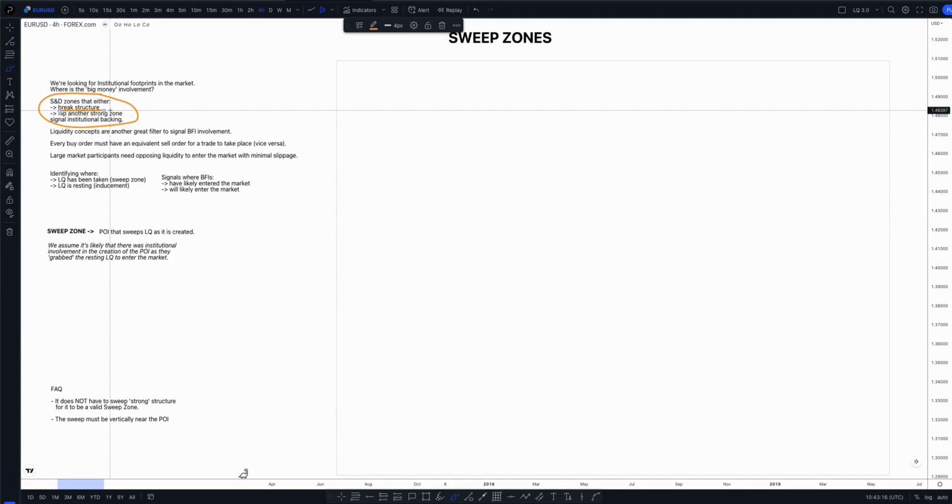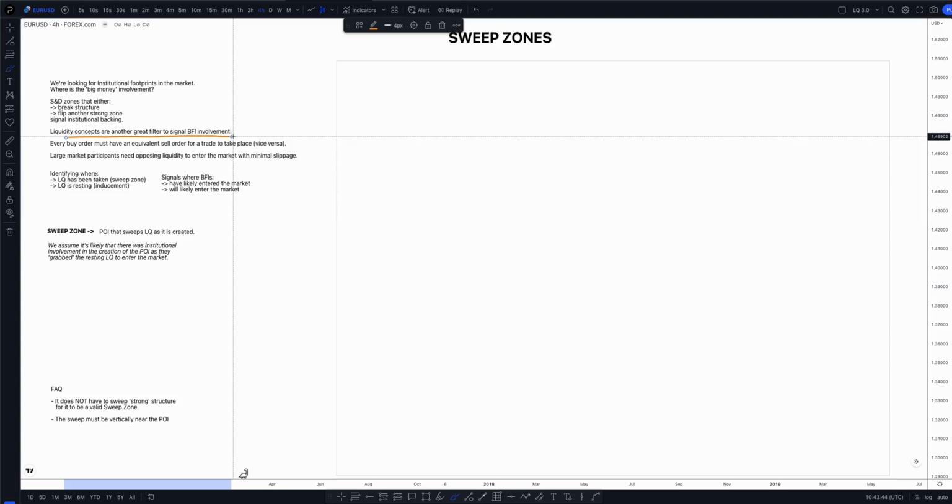The more significant the structure, the more significant that zone is potentially going to be. Or the zone managed to flip another strong zone, where we see that interaction between supply and demand, and one manages to overpower the other, where one takes control, okay? So when we've been identifying that, that can hopefully signal that there was institutional backing in the creation of that zone.